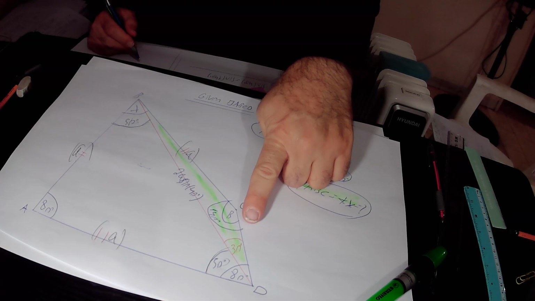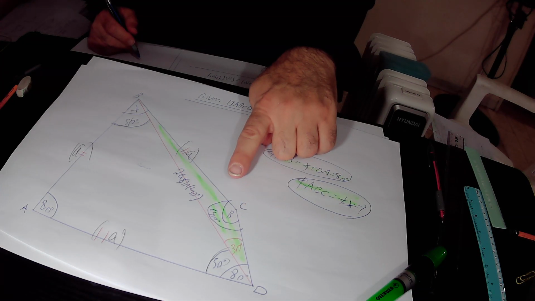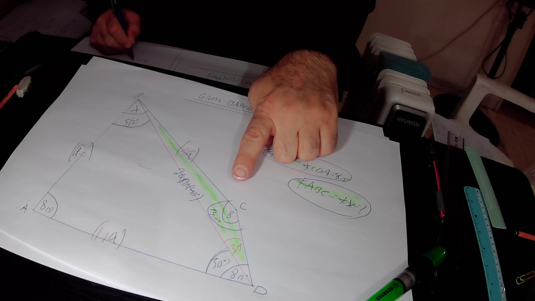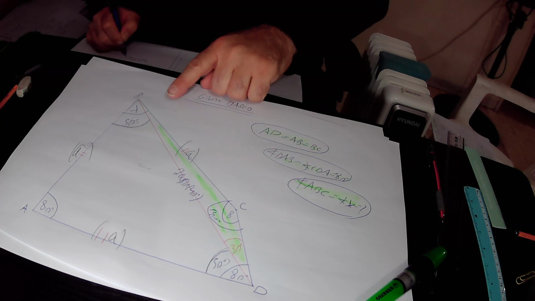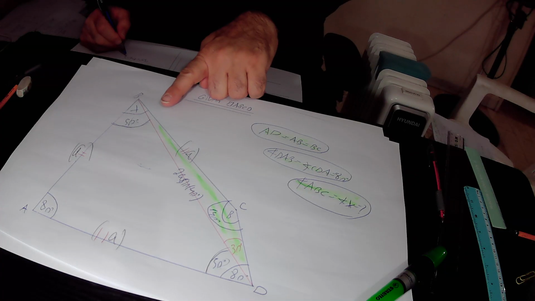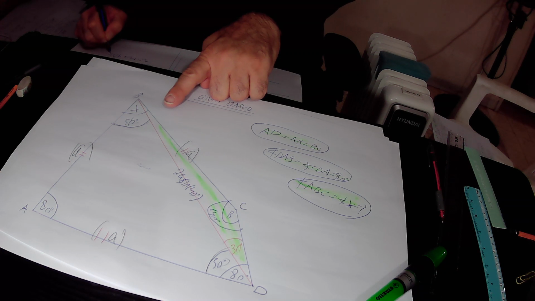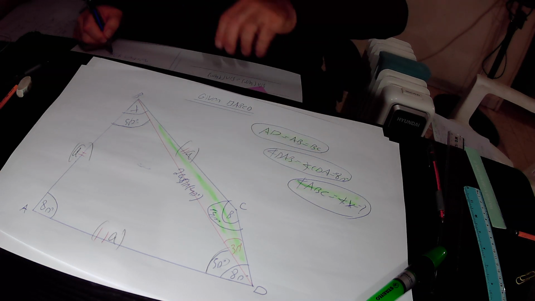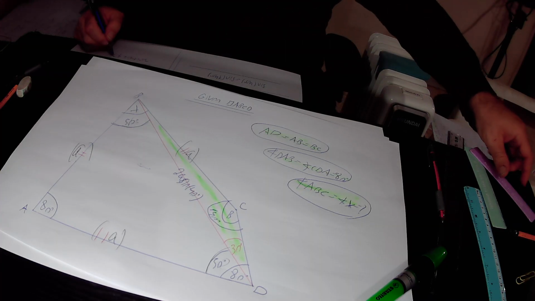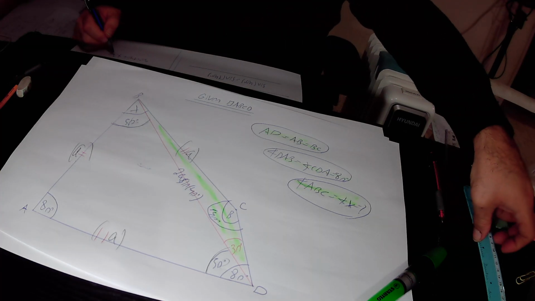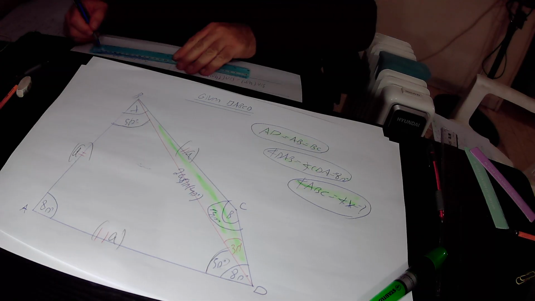This angle equals 30 degrees, plus this angle, which equals 140 degrees, plus this third missing angle, which is angle DBC. In total, the sum of those angles must be equal to 180 degrees, according to the rule that the sum of the angles in any triangle is equal to 180 degrees.